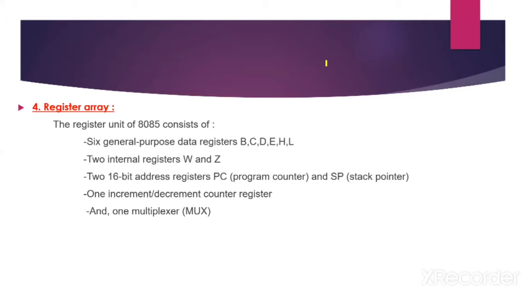First we discuss the 6 general purpose data registers that are B, C, D, E, H, and L. All these registers are 8-bit registers, and the stack pointer and program counter are 16-bit.